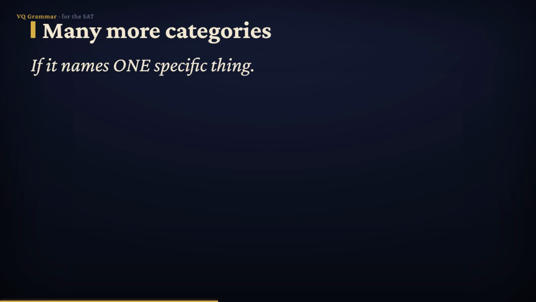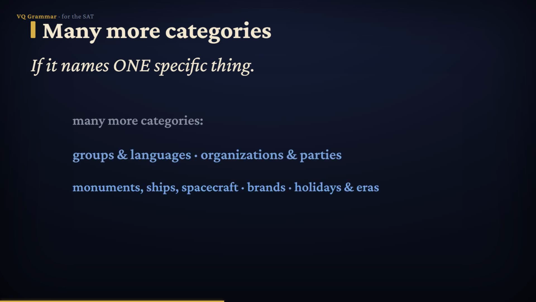Proper nouns reach into a lot of categories, so let me run the big ones quickly. Capitalize the names of ethnic groups, nationalities, religions, and languages. The Inuit, Spanish, Buddhism. Capitalize organizations, institutions, and political parties. The Red Cross, the Democrats. Capitalize monuments, ships, and spacecraft.